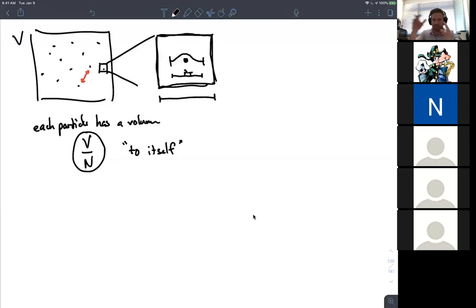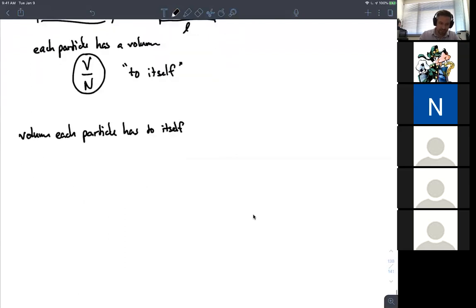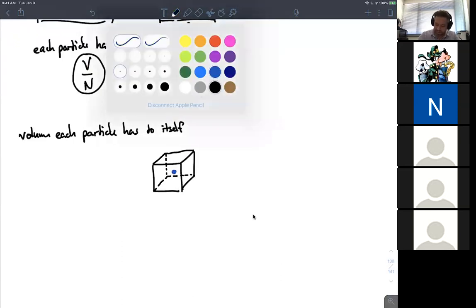If I think of the particles as being arranged in a regular grid, then the dimension of this unit cell I'm going to call little L. Essentially the volume each particle has to itself looks like this: a three-dimensional volume, and the particle sits in the middle of it.